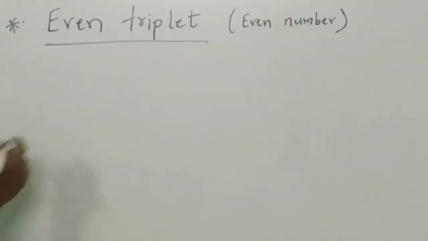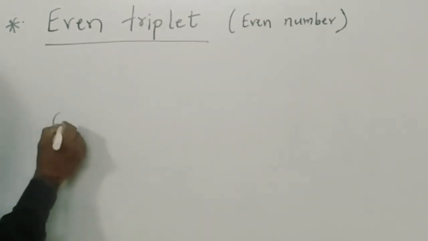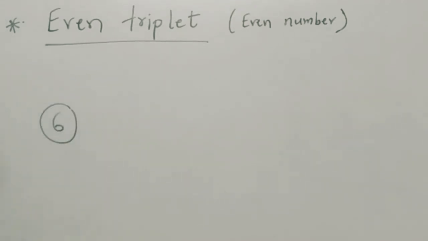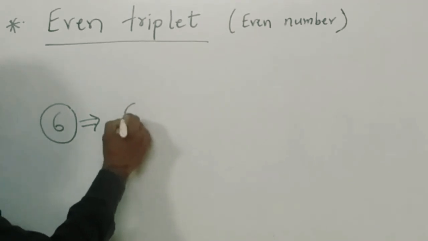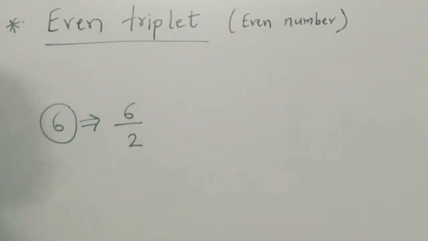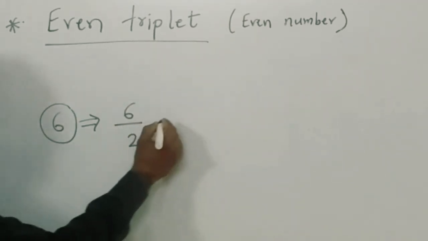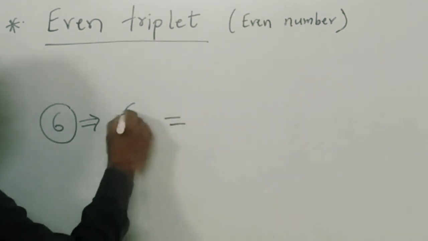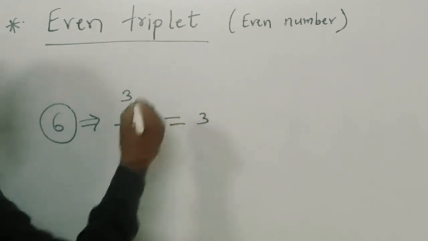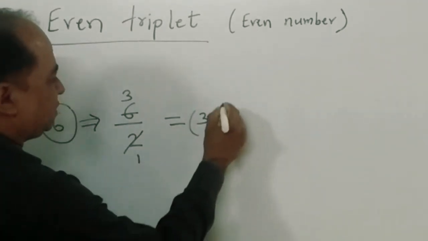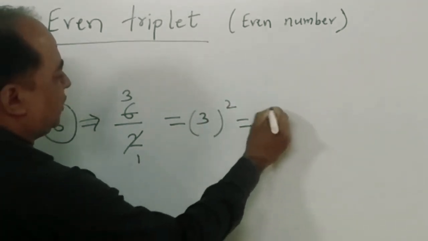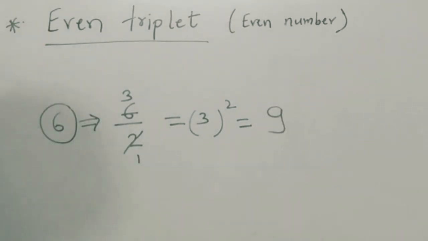Let us take the next even number, that is 6. Now first step, you have to make half of this 6. 6 divided by 2 is equal to 3. Now take the square of this number. Square of 3 is equal to 9.